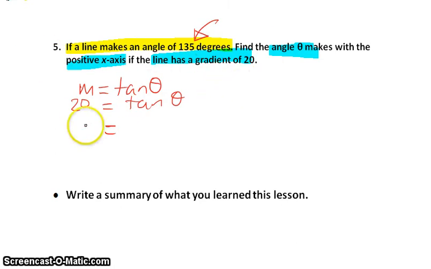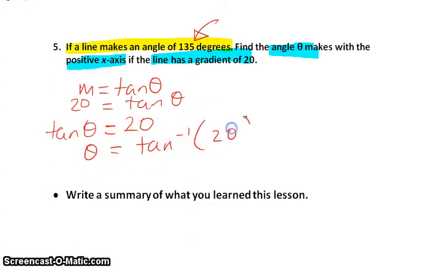So let me just switch this around the other way. Because I'm finding an angle, I'm going to need to find the inverse, which means pressing shift on my calculator. So I'm going to go shift tan of 20 in brackets and get that in degrees, minutes and seconds.